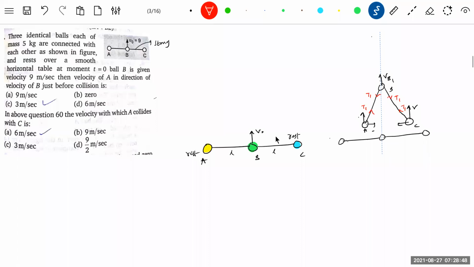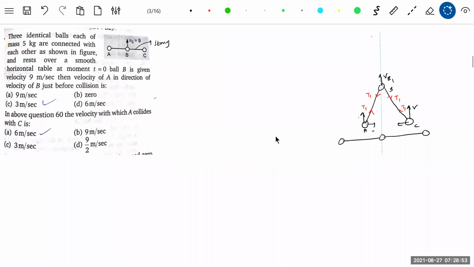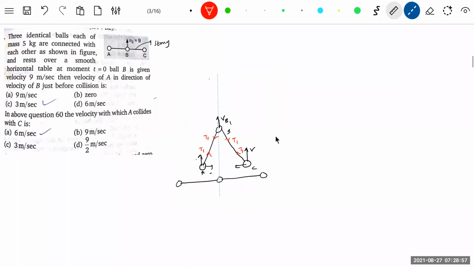Then finally, what will be the sequence? Next sequence, what will happen? At one instant, this will be the ball B. Ball B will have velocity VBY.